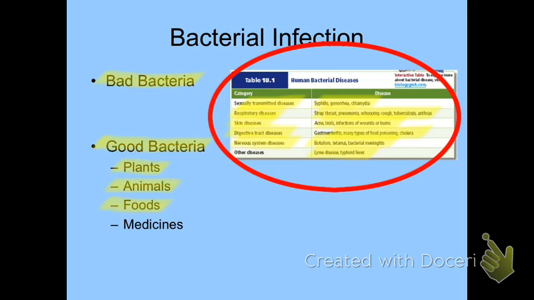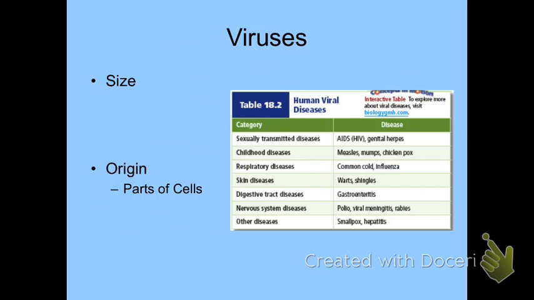Those fermented dairy products such as sour cream, cream cheese, cheese itself, yogurt. And then finally, bacteria can be used in medicines. We talked about genetic engineering, how bacteria can be used to produce human insulin to help people with diabetes.